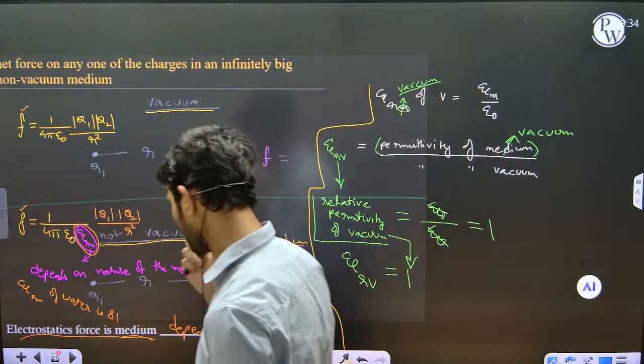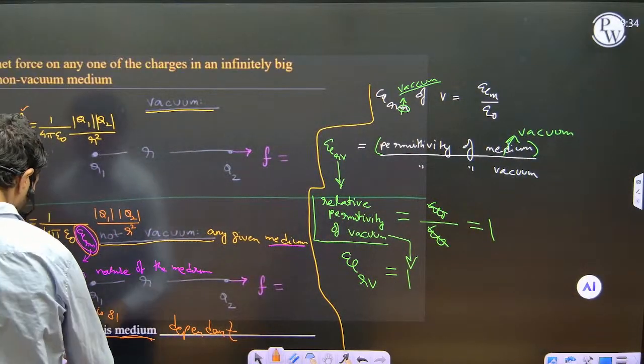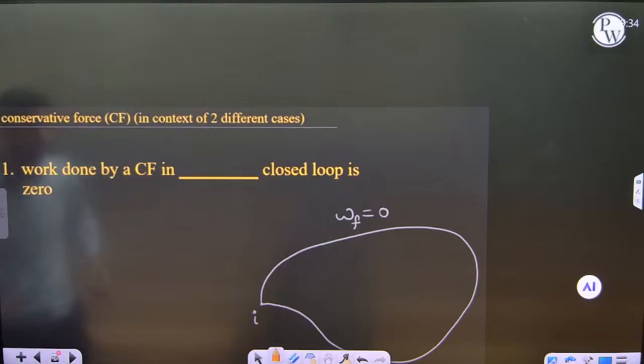So let's go ahead and talk about conservative forces. So what are conservative forces? Let's see that.